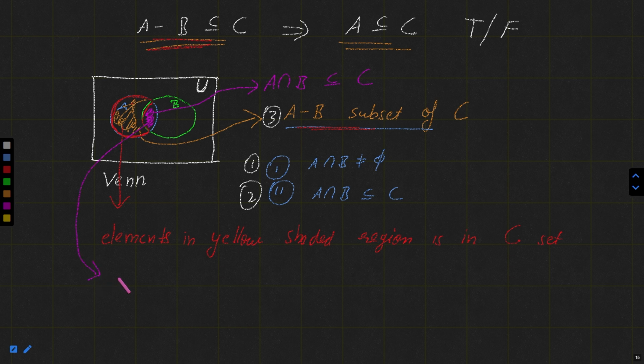So combining both the yellow shaded part, the A minus B part, and the A intersection B part, we get the whole set A. Combining this yellow part and the purple one will give me the whole circle of A, that means the whole set A. This further implies that A is a subset of C. Clear?